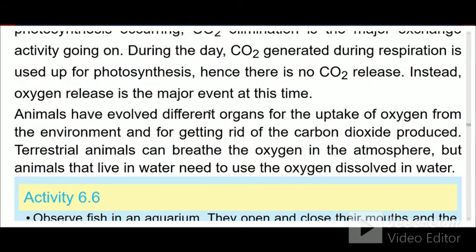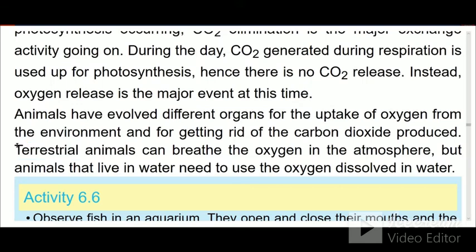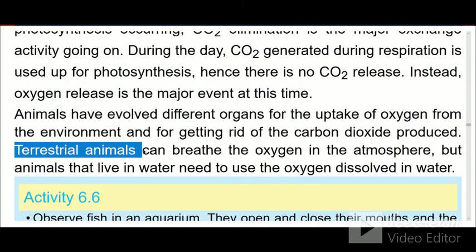Animals have also evolved different organs for the uptake of oxygen from the environment and for getting rid of the carbon dioxide produced. Terrestrial animals can breathe the oxygen in the atmosphere. We and other animals like us are terrestrial animals because we live on land. We take in oxygen present in the atmosphere, but animals that live in water need to use oxygen dissolved in water.